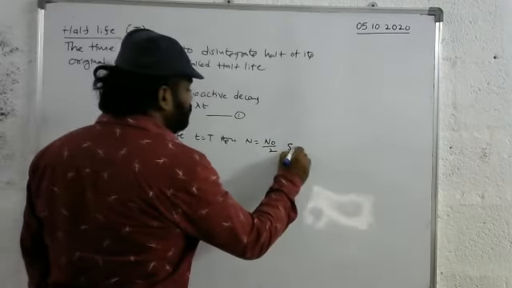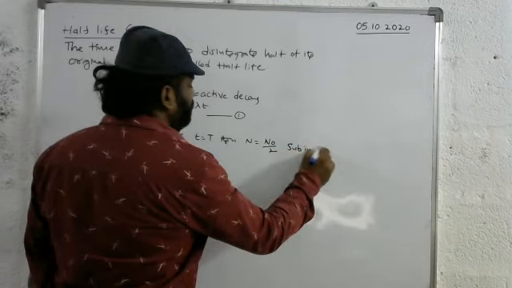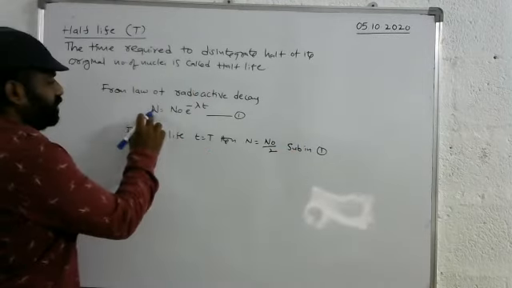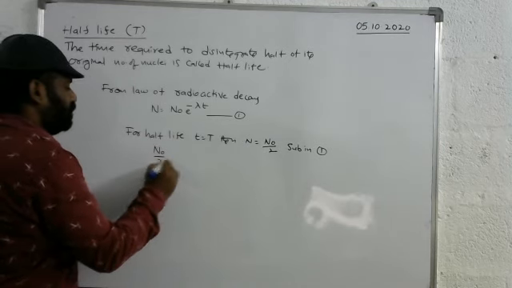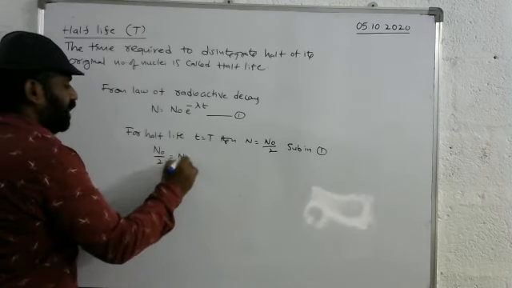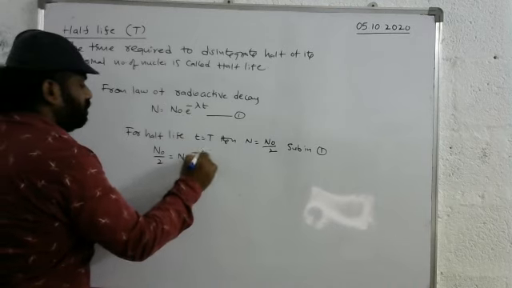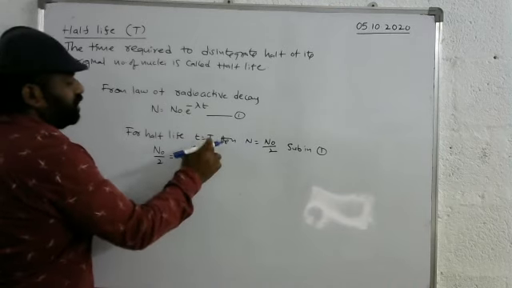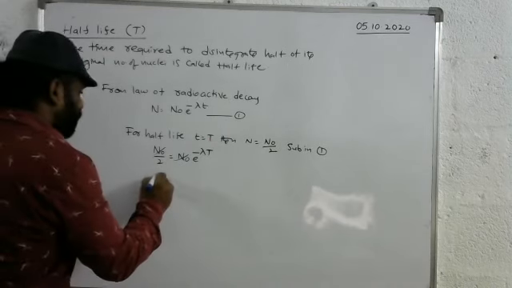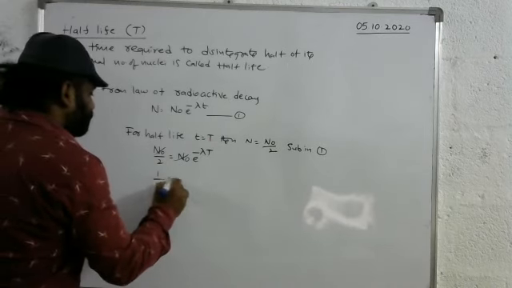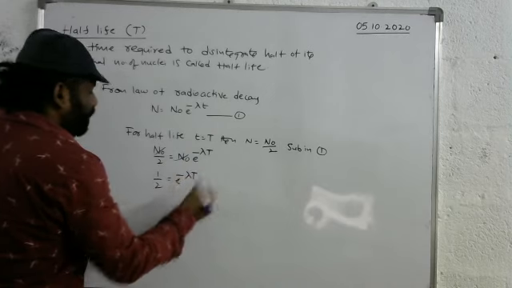Substitute these values in equation 1. We can replace N with N naught by 2. N naught by 2 equals N naught e power minus lambda, instead of small t we write capital T. Let N naught be cancelled. We have 1 by 2 equals e power minus lambda T.